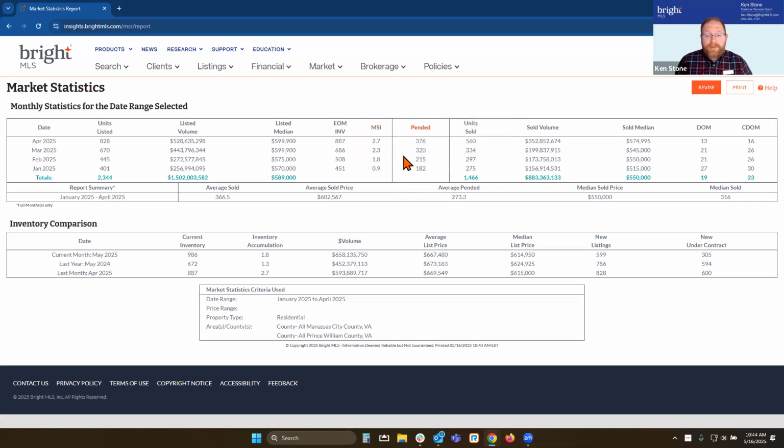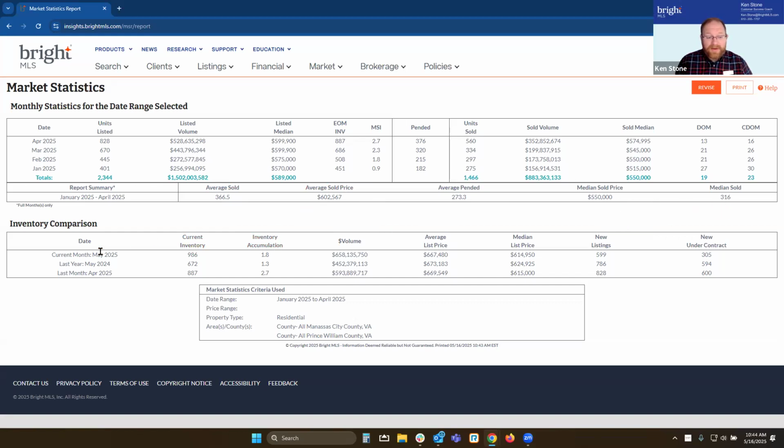We can also see the number of pended properties for our combined areas, units sold, sold volume, sold median price, and then the days on market and cumulative days on market. Now we do have our report summary of overall from January to April, the average sold price, average pended, the median sold price, as well as the median sold.